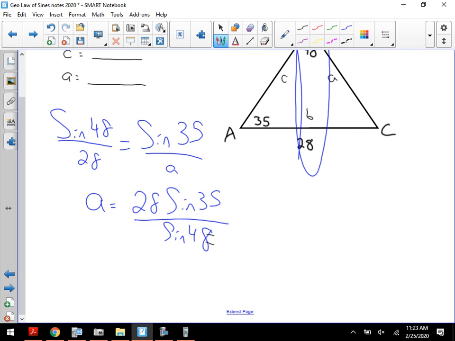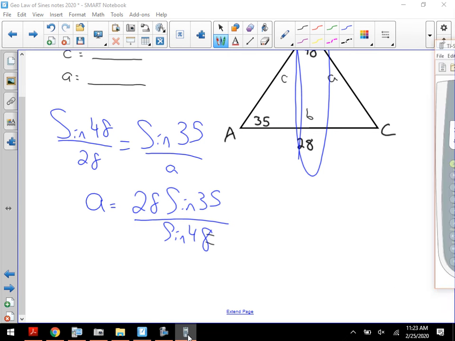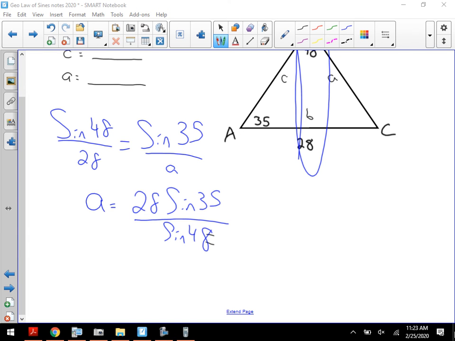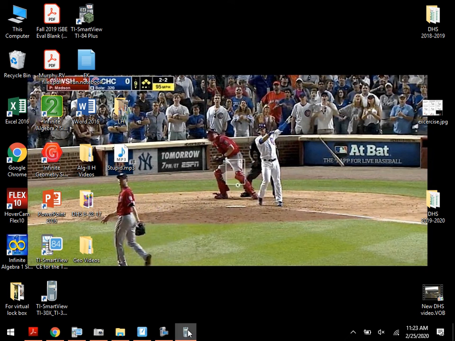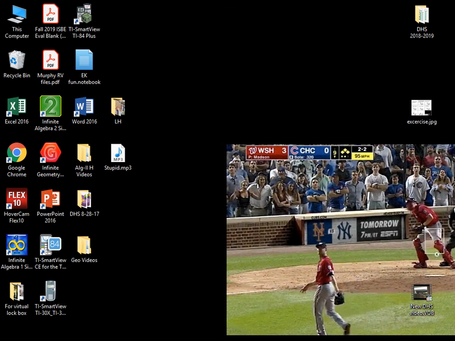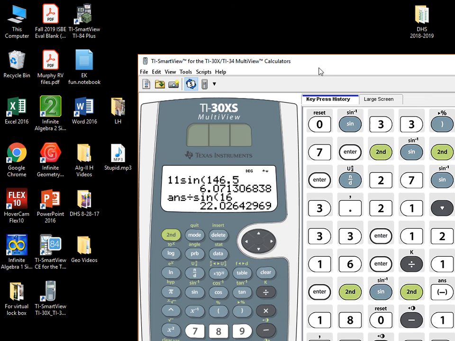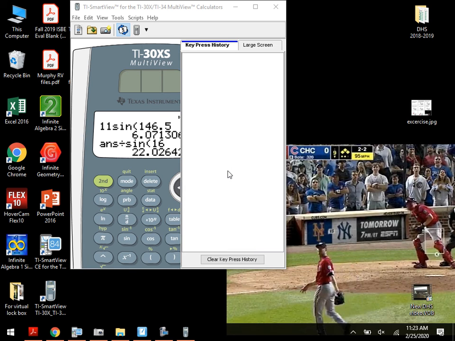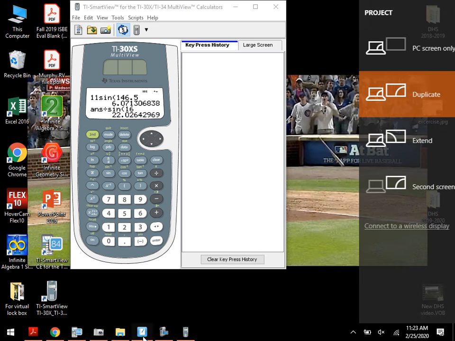So in the calculator, if you round it correctly, it should be 21.6 something. When you switch resolutions, sometimes some of the ancillary things disappear.